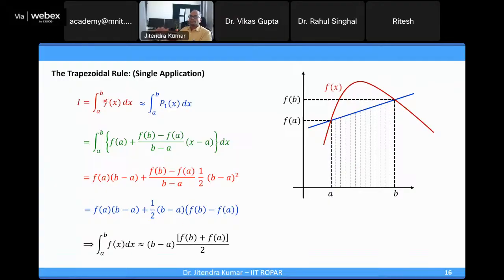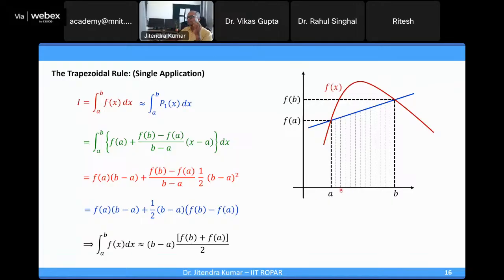So this is the whole idea, the beginning of numerical integration: you can approximate the function by a polynomial. Here we have taken only the first degree polynomial, where you need 2 points only.